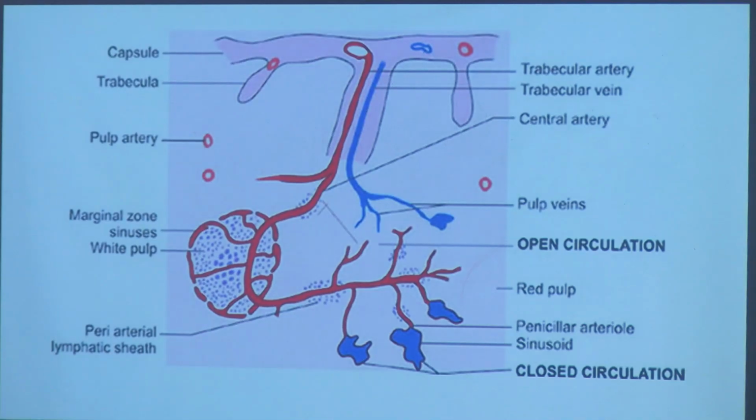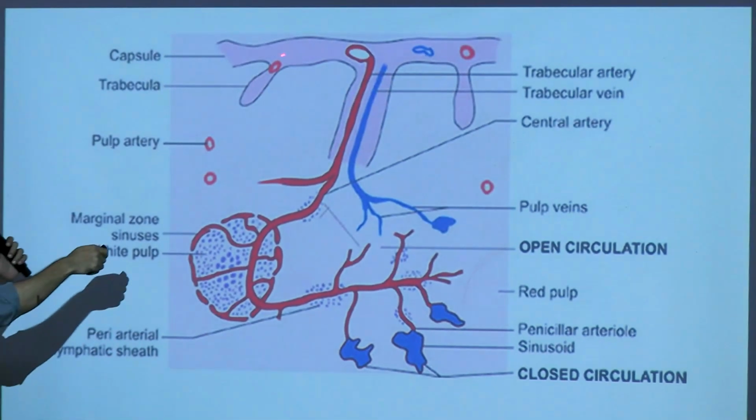Once the blood is inside the spleen, how the circulation is taking place, research is still going on and it is controversial. Some say it is open circulation, some say it is closed circulation. We will not discuss this because it will make it very complicated. We will keep it for when we start the abdomen. In the abdomen, the spleen will be discussed, and at that time we will see all those things. For the time being, just keep in mind that there are two types of circulation in the spleen.